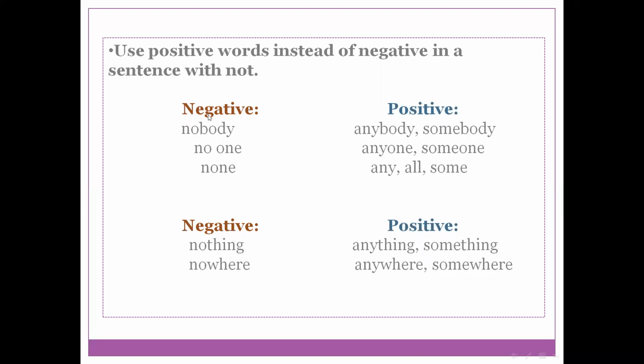To replace negative words with positive words: nobody, I can replace it with anybody or somebody. Here the words are positive. No one, I will replace no one with anyone or someone.